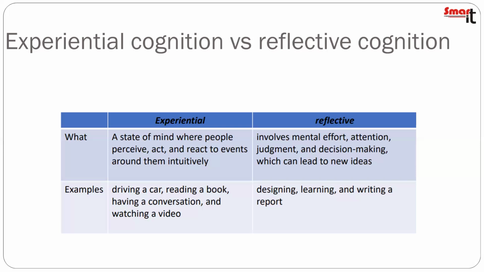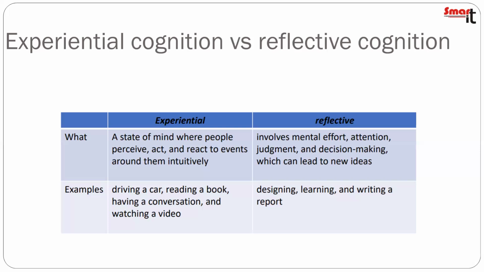Listening to this lecture is experiential, but reflective means that after listening, you make your own mind map, make your own short notes, and organize the facts according to your own aspects and learn something.